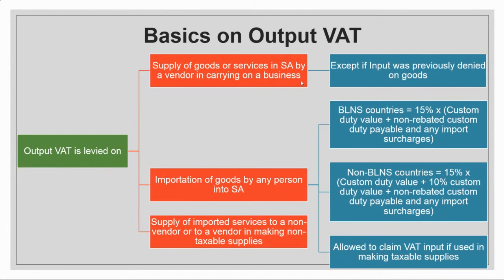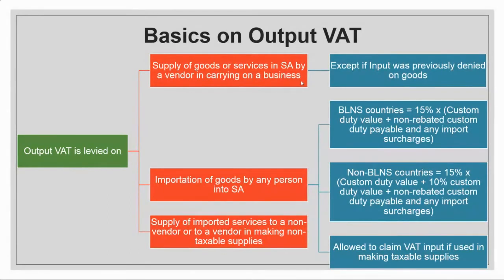Those are the 4 countries. If we import from them, we only levy the 15%, which is our standard rate, on the customs duty value and any import charges. Okay, whereas if I import it from any other country, then I'd add an additional 10% on top of the custom duty value. Okay, so that is the only difference, is that additional 10%.